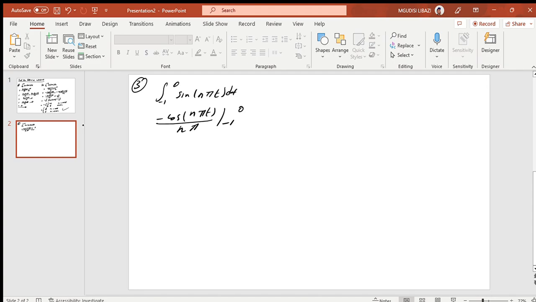When we substitute our limits, we get negative cosine of 0 divided by n pi, and then minus minus becomes plus cosine of n pi, because we're substituting -1 in place of t, all over n pi.